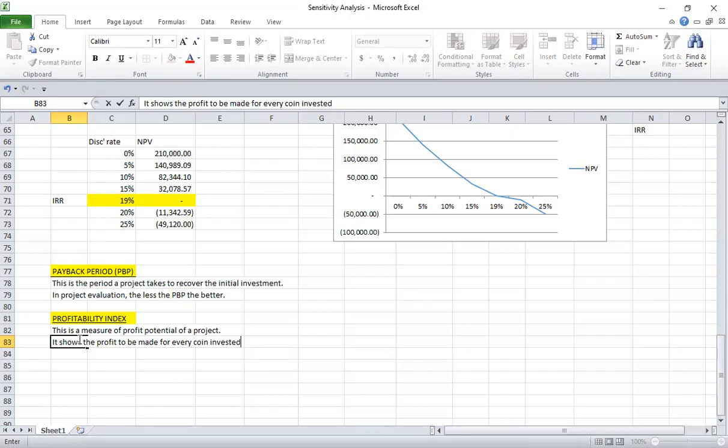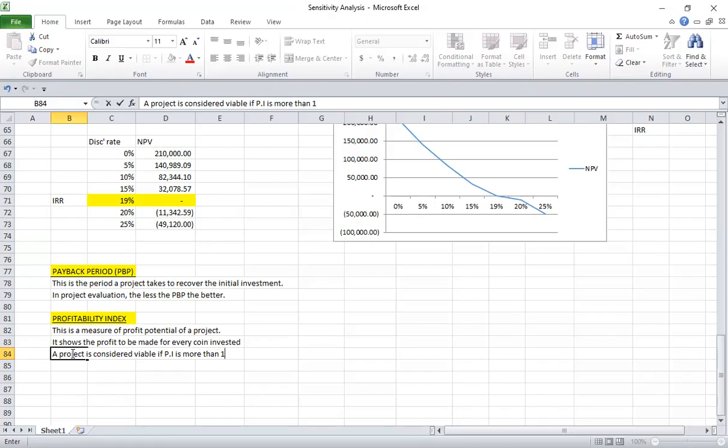And what normally happens is simple, yeah? A project is actually considered viable if the profitability index, PI, is more than what? More than 1.